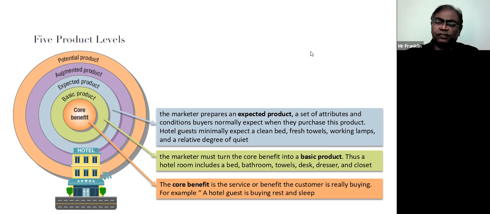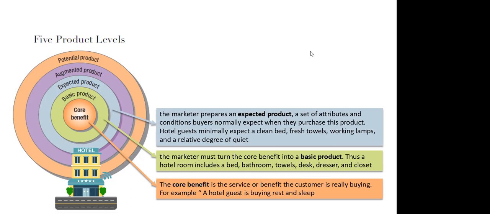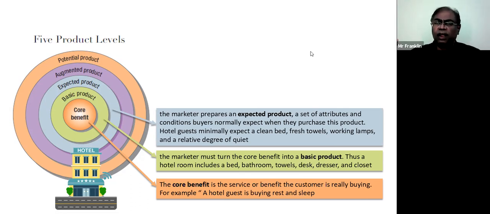Soft bed, the bathroom must be beautiful and clean, and you open the window, you see a beautiful sight. That's an expected product. What a marketer needs to do is prepare an expected product: fresh towels, lamps working, everything in order. If it doesn't meet the expectation, customers feel disappointed.